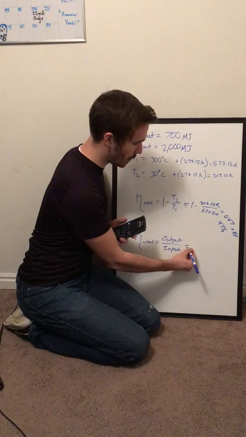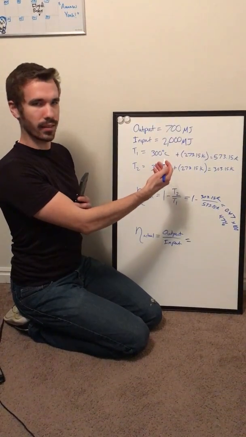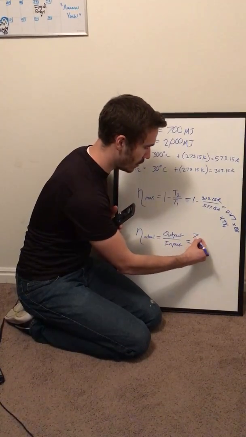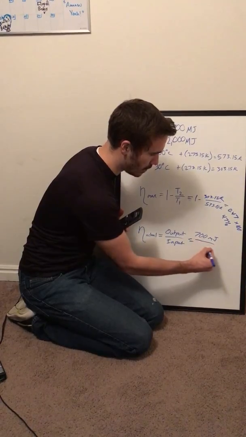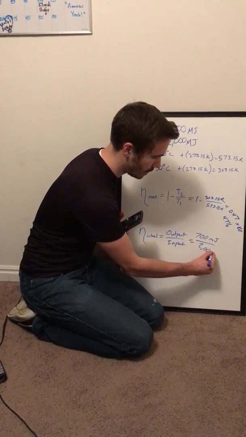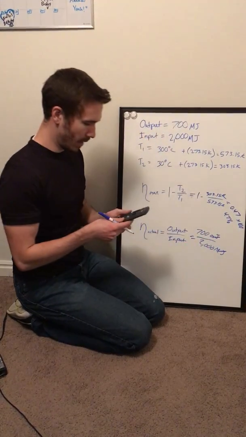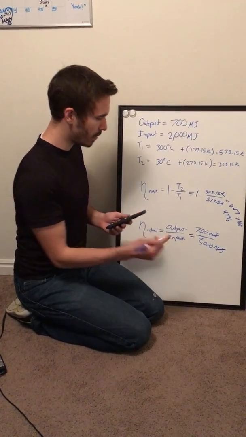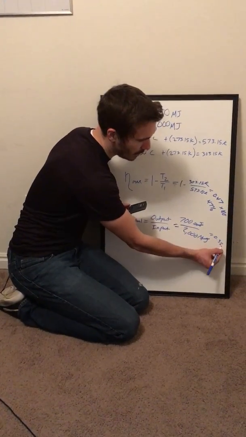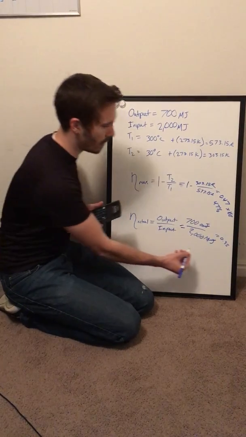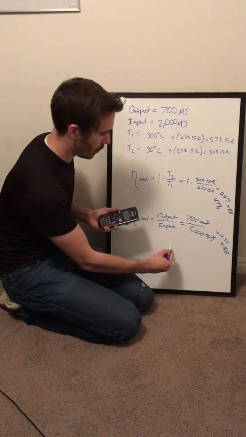Our output was 700 megajoules and our input was 2,000 megajoules, so we do 700 megajoules divided by 2,000 megajoules. The units cancel out, and 700 divided by 2,000 equals 0.35. Again, to get a percentage, we multiply by 100, which gives us 35%.